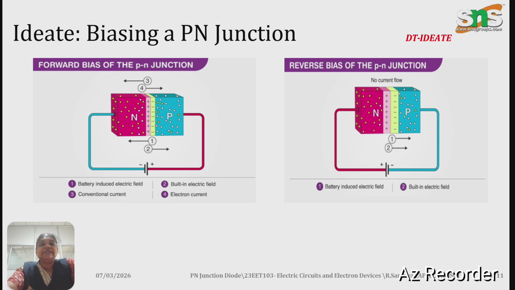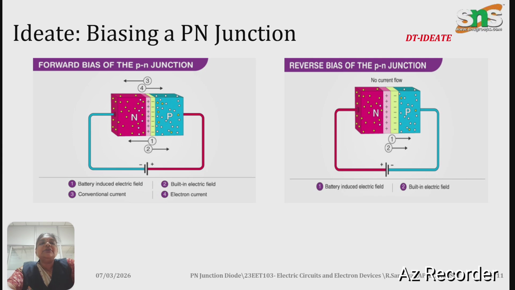In the ideal state, when no biasing is taking place, the PN junction diode will not conduct any current between the diodes. Consider forward bias, where the positive of the battery is connected to the P-type and the negative of the battery is connected to the N-type.